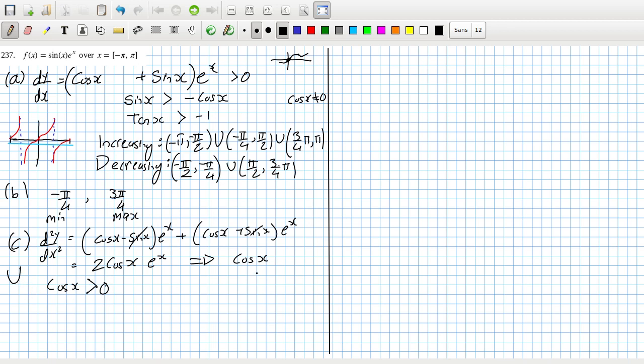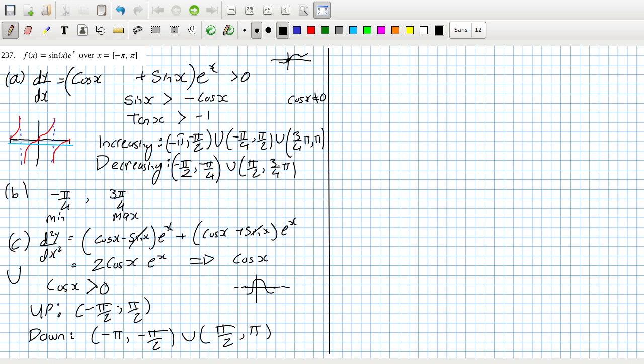So if I just think about the cos graph, but only going up to pi, concave up would be from minus pi/2 to pi/2, and then concave down would be minus pi to minus pi/2, and then pi/2 to pi.